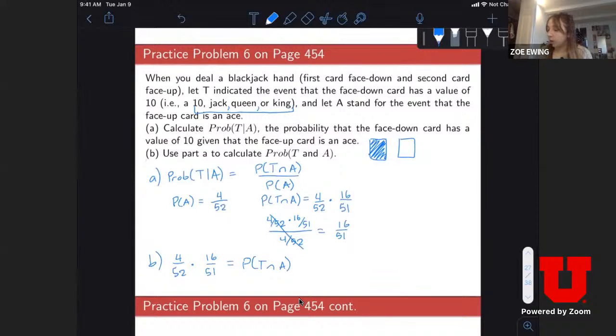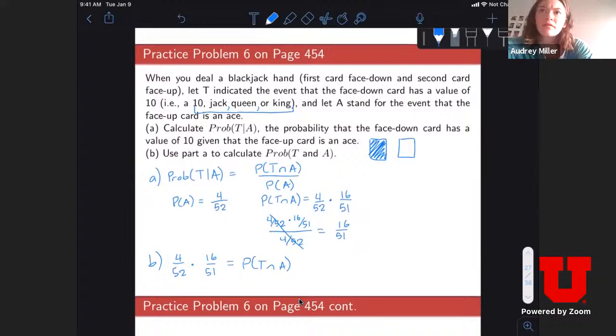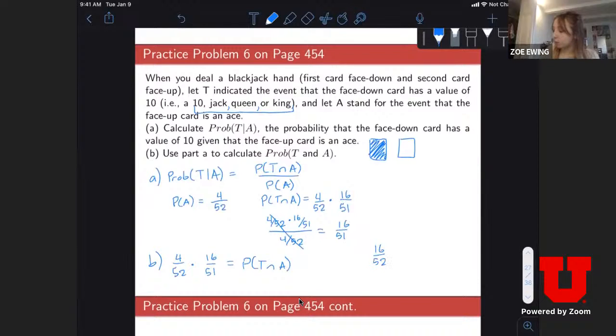So then the probability of that will be what? Probability that the face down card has a value of 10. 16 over 52. Yeah. And then for the next one, we will still have 4 options, but we'll have 51 cards. And so what this turns into is 16 times 4 over 52 times 51.